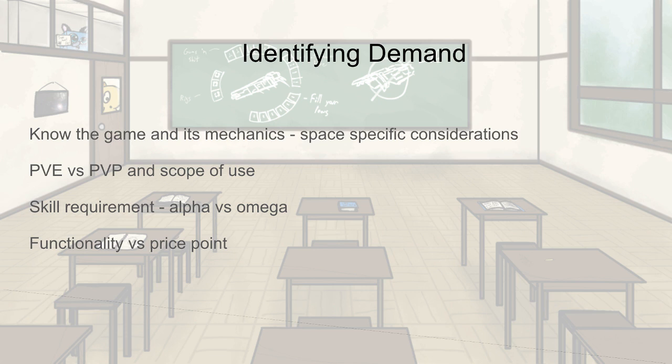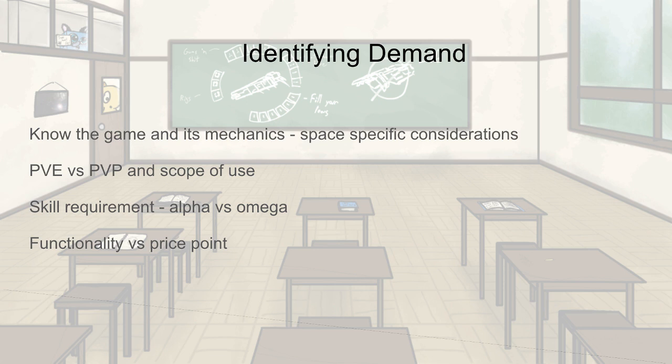In general, propulsion modules do very well as both PvP and PvE items. As long as you can determine the type of player that will be using it, someone who's into PvE or PvP, you can have a better idea of how the demand will be in the long run.